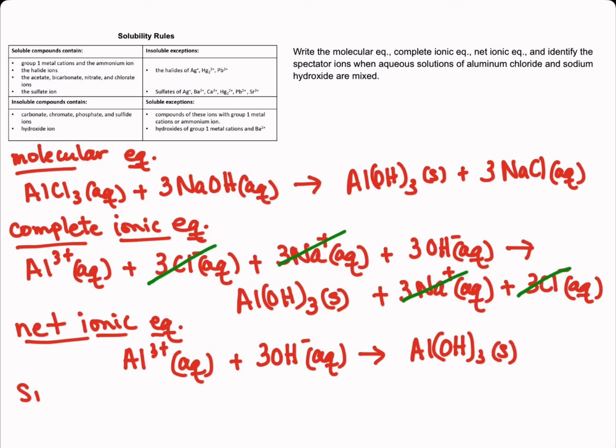And now we're able to identify our spectator ions. The spectator ions are the ones that get canceled out. So sodium plus, Cl minus.